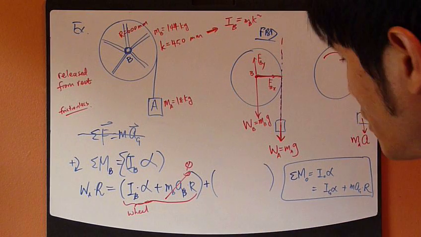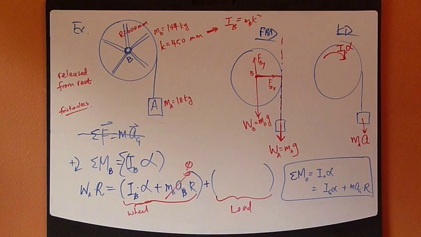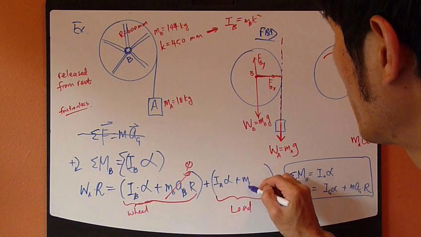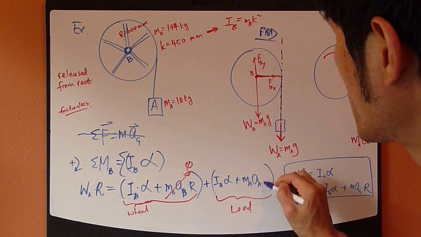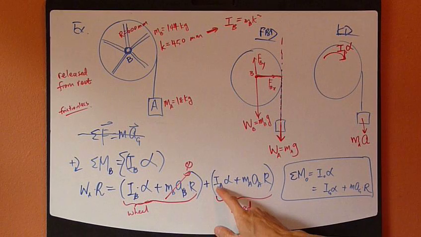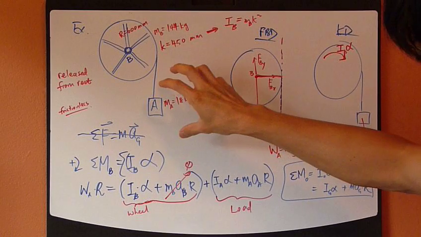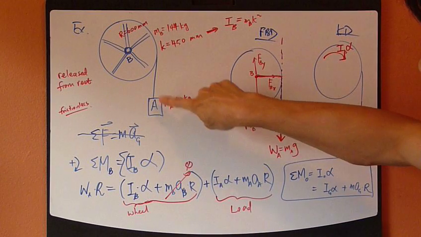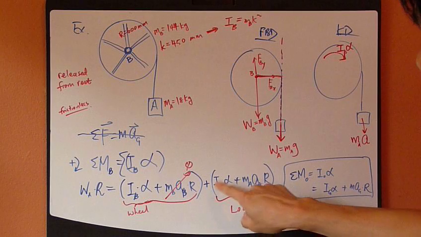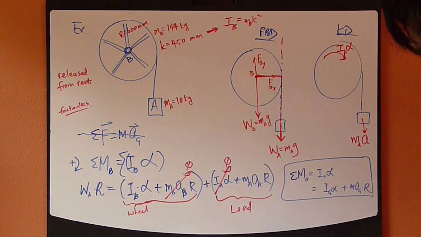So this term is 0 for the wheel. And then for the load A, same thing: I_A alpha plus m a acceleration times R. For the first term, I alpha, A itself is not rotating. It's not spinning at all. A is traveling along a straight line, so there's no rotation for the load.